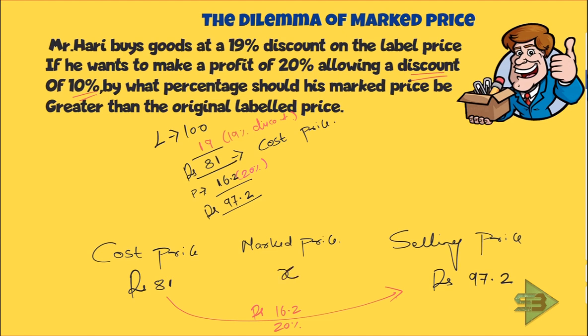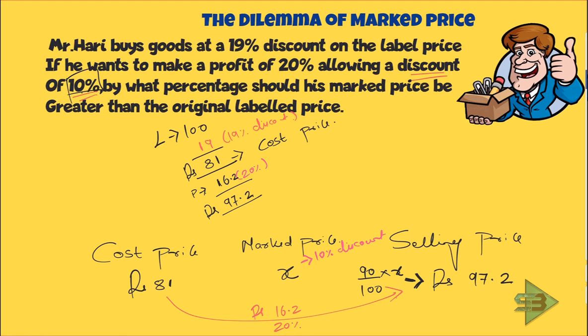He gave a discount of 10% on the mark price, which means on this X he gave a discount of 10%. So what is he left with? He's left with 90% of X, because he gave 10% discount on X, and that 90% of X is nothing but his selling price.